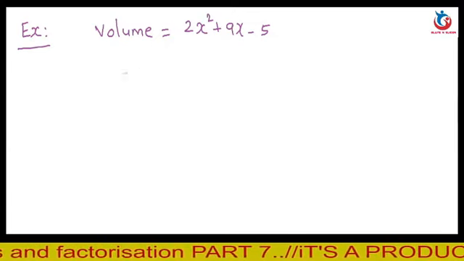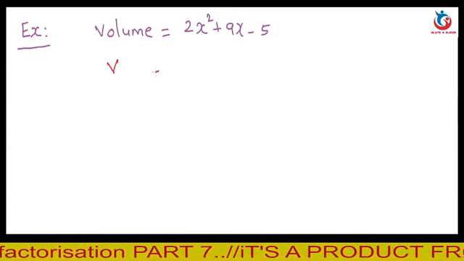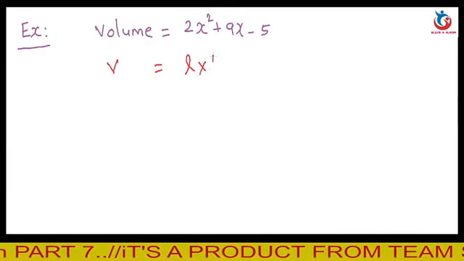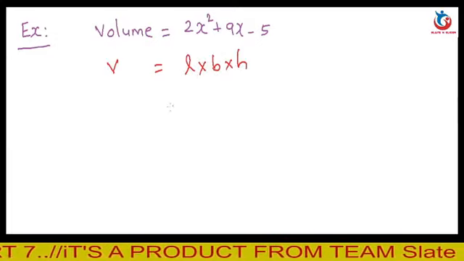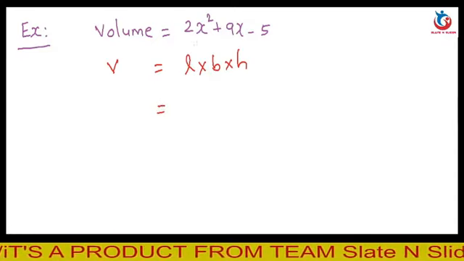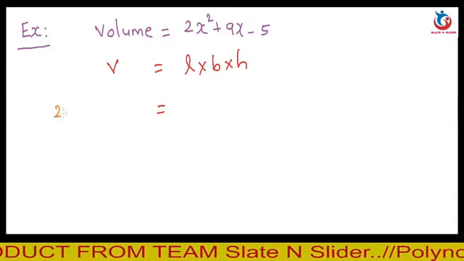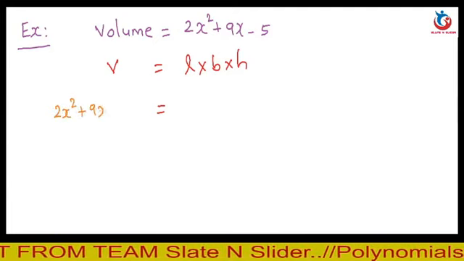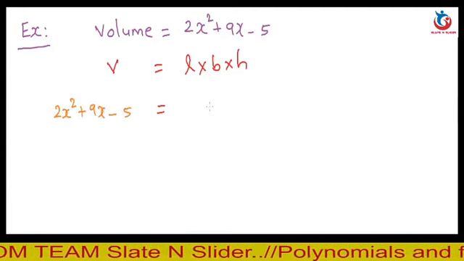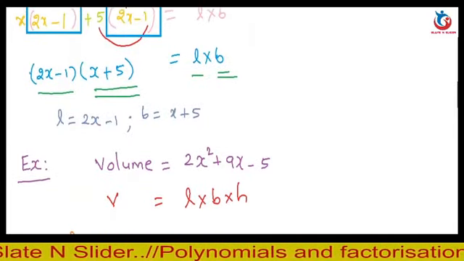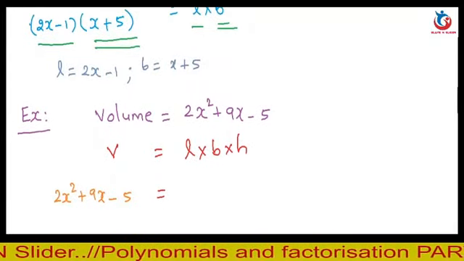Here also same, write the formula of the volume of a cuboid. So volume is length into breadth into height. Same, resolving into factors. The volume is 2x square plus 9x minus 5. So by resolving, what we got in the earlier question, that is 2x minus 1 into x plus 5.